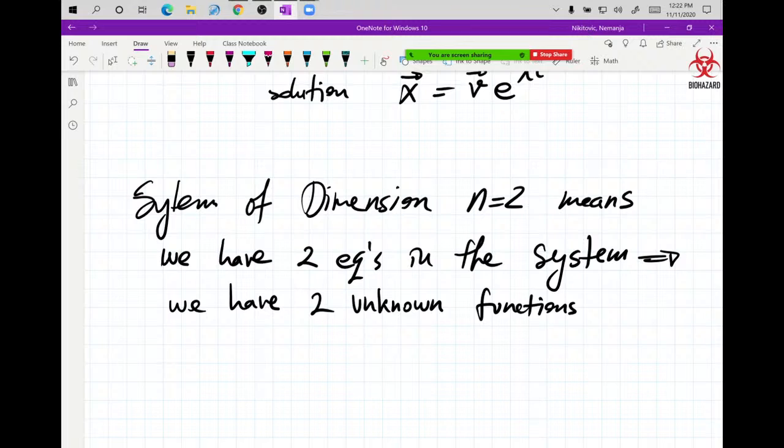I mean, you can call them f and g, you can call them whatever you want, it's just 2 of them, because the dimensionality is 2.